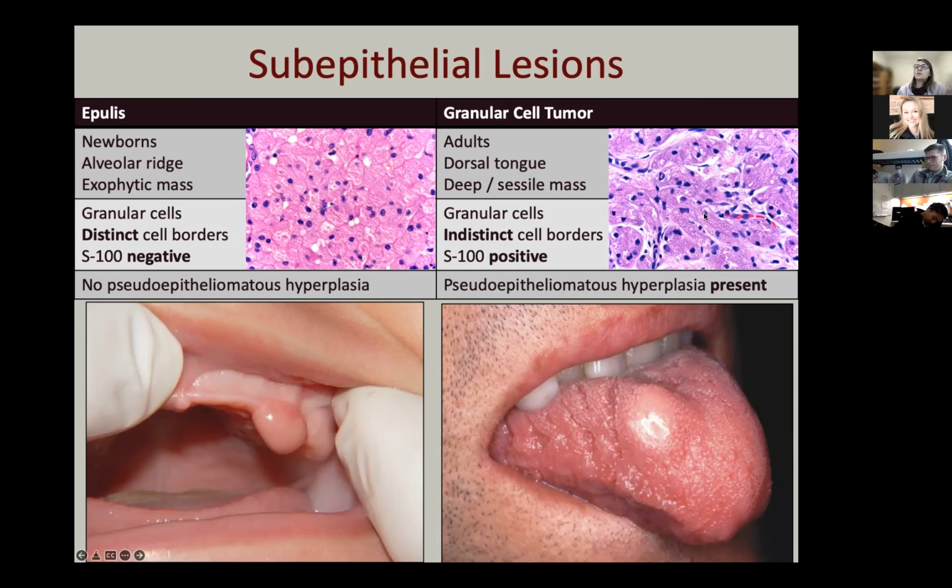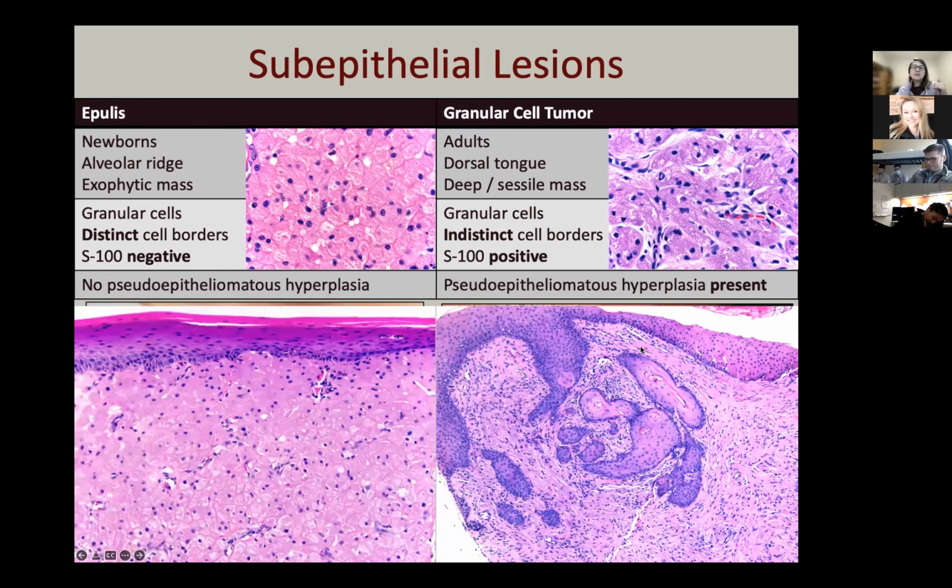Histologically, they are also composed of these cells with granular cytoplasm and indistinct cell borders. Granular cell tumors in adults are thought to be modified, perhaps Schwann cell derivatives, and so they stain for markers of Schwann cell derivation, meaning S100 and SOX10.